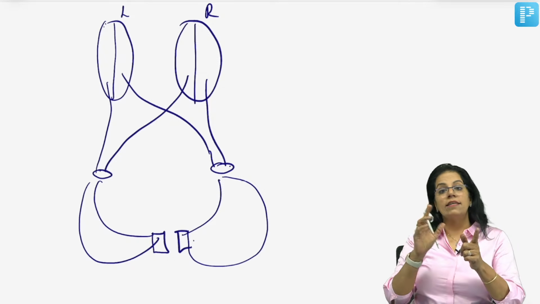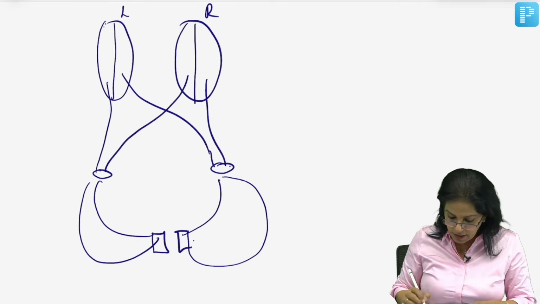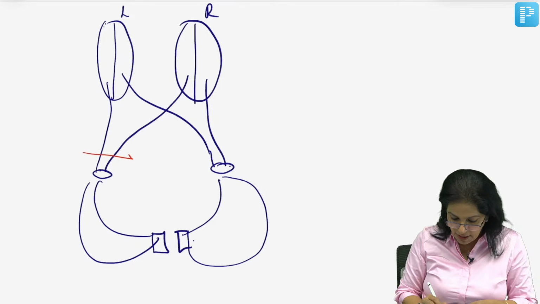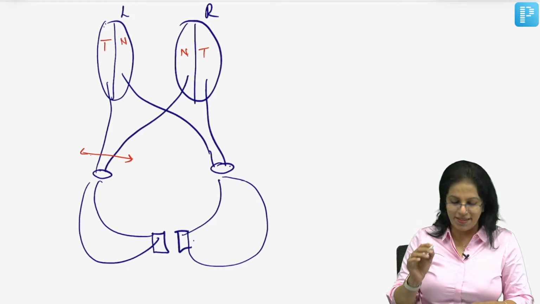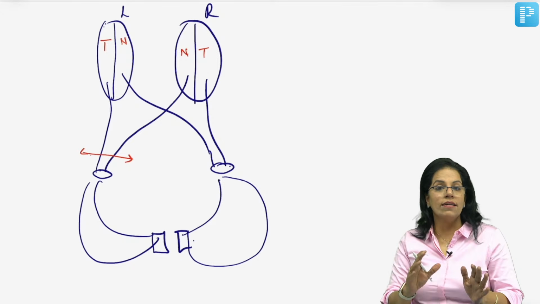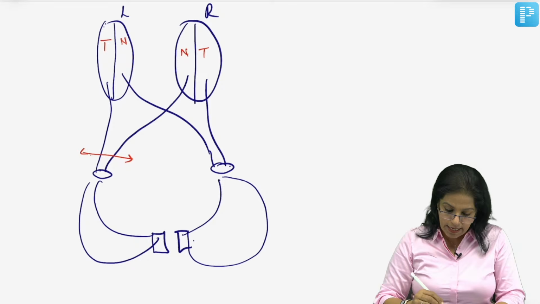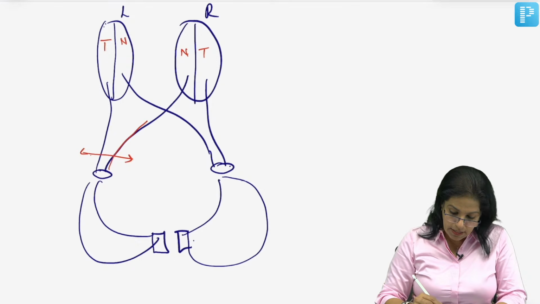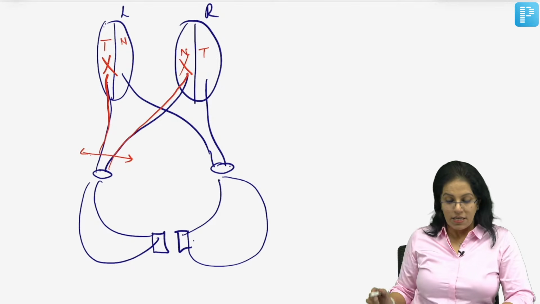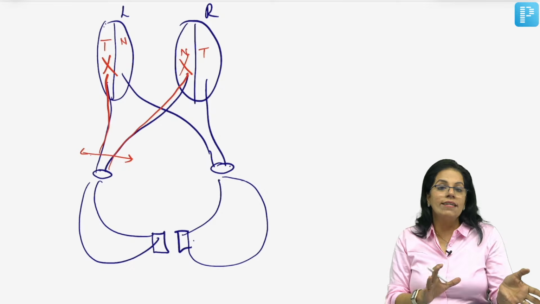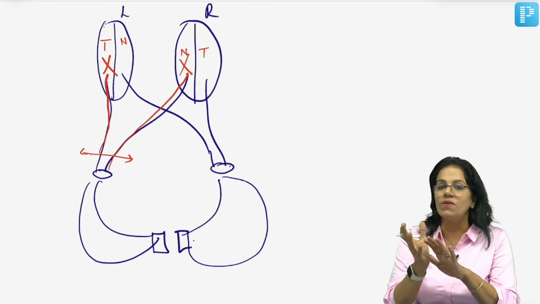What we are saying? There is a tract lesion. Think yourself. This is the left eye, this is the nasal retina part and temporal, this is nasal, this is temporal. When there is a tract lesion, do you realize when this is gone, that means this is not working and this is not working. Agreed or not? This means the left eye temporal retina is not working and the right eye nasal retina is not working.